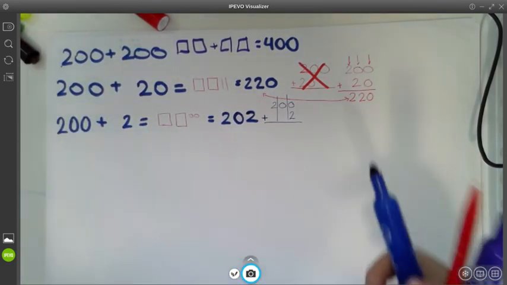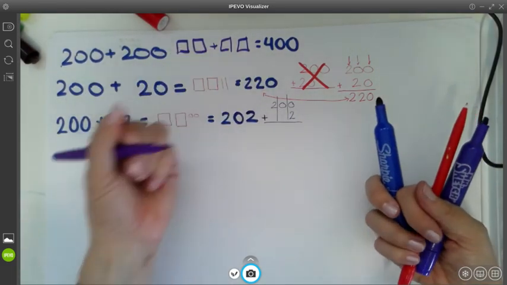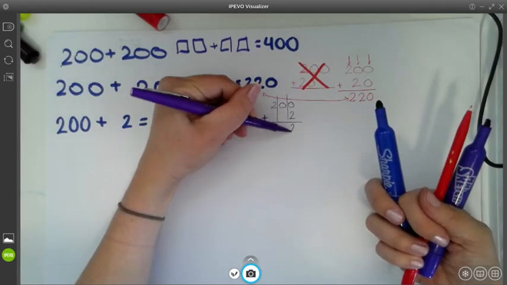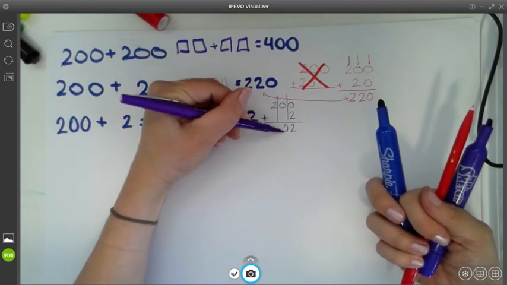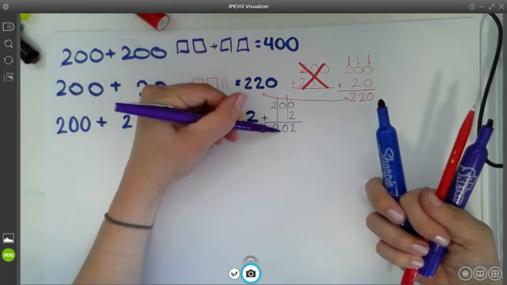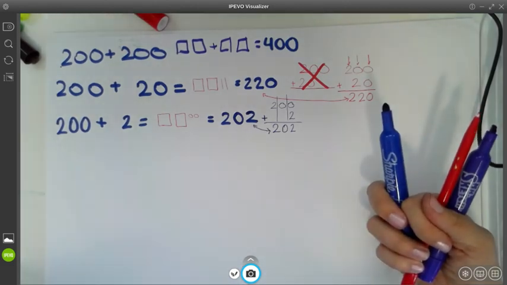However, as they get more complex and you're adding different numbers, you really want to make sure that those digits are aligned. So here, 0 plus 2 is 2. 0 plus 0 is 0. And 2 plus 0 is 2. Okay, so same number, different strategy.